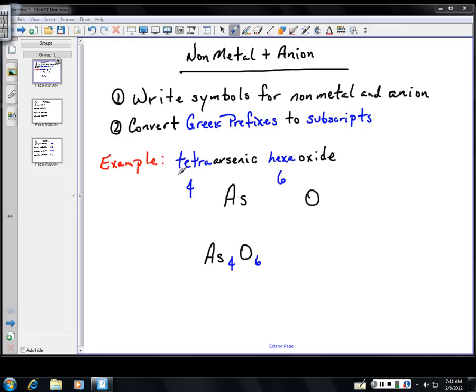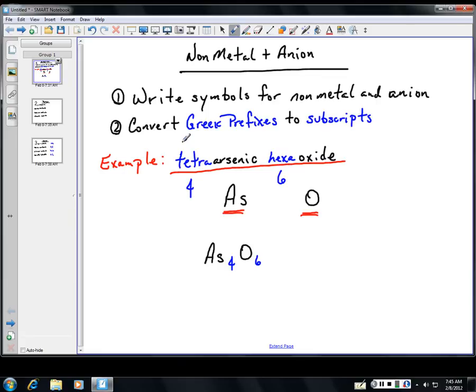Here's our example. We have the name tetraarsenic hexaoxide. For arsenic, I would go ahead and just write As, find it in the periodic table. And for oxide, you have your anion sheet with all of your anions on it, so we're going to write a big O for that one. Hopefully you know the Greek prefixes or you are learning them.